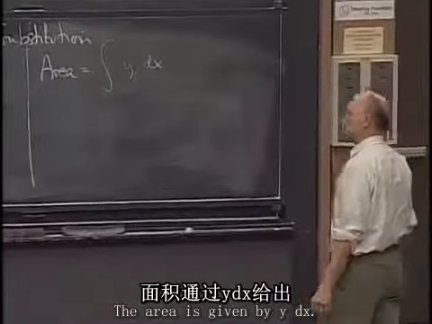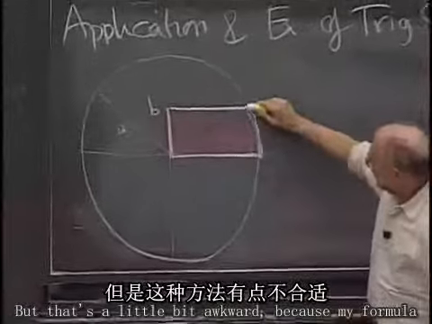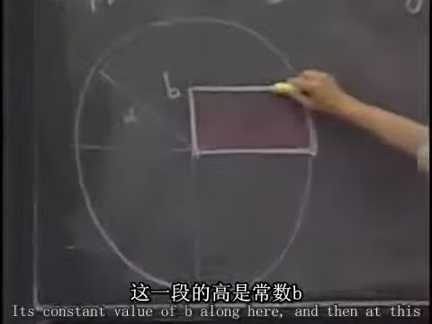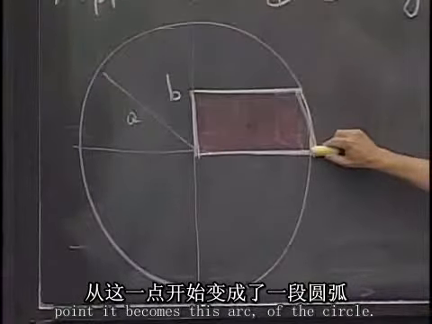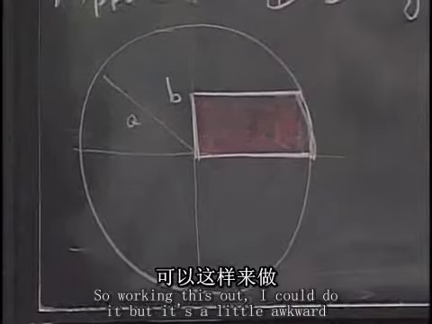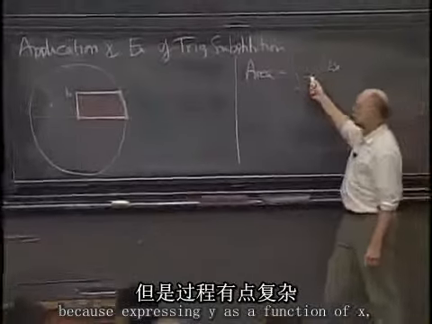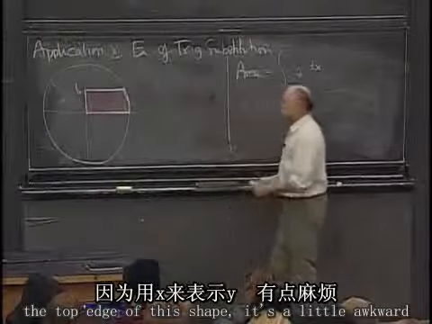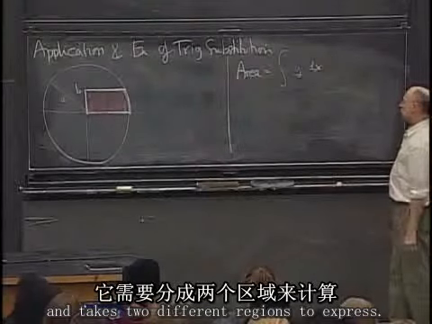The area is given by y dx. But that's a little bit awkward because my formula for y is going to be a little strange. It's constant value of b along here, and then at this point it becomes this arc of the circle. So working this out, I could do it, but expressing y as a function of x, the top edge of this shape, takes two different regions to express.